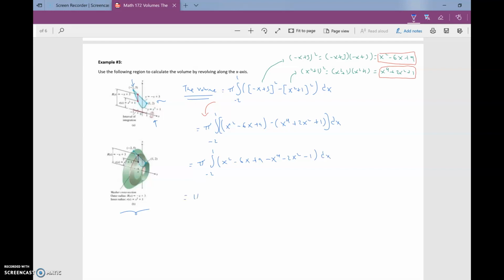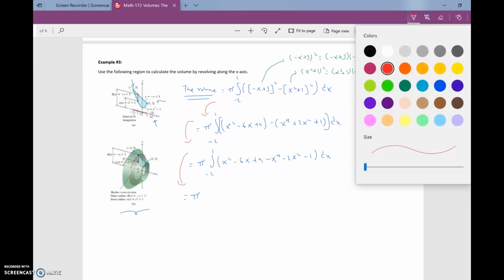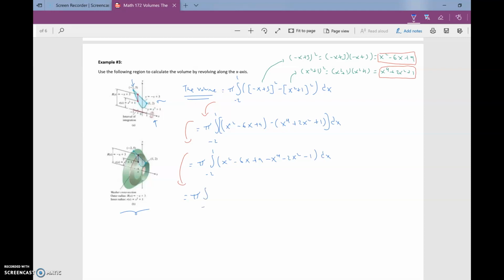So this is going to be pi, and we still have the integral from -2 to 1. For the x squares, we're going to get a -x squared. I'm combining technically x squared and minus 2x squared.